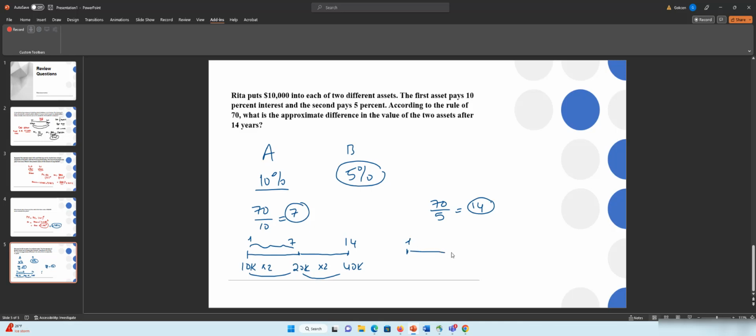We don't need to divide into 2 because in 14 years the asset can double only one time. 10K times 2 is 20K. So after 14 years, asset A has 40K in it and asset B has only 20K in it. So the difference between the two assets will be 20K.